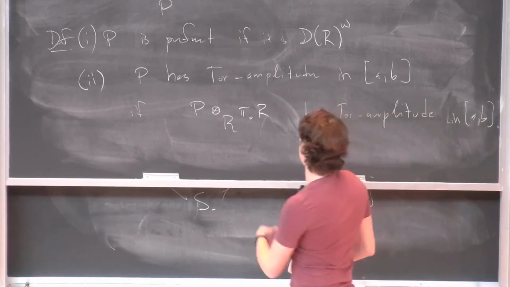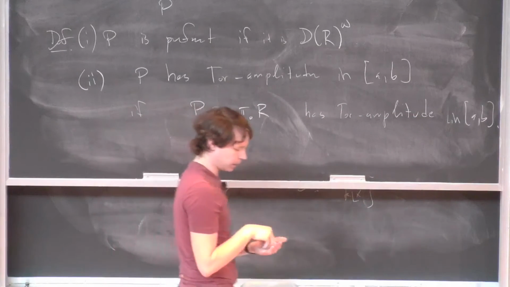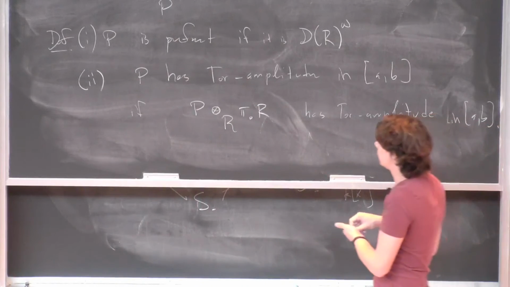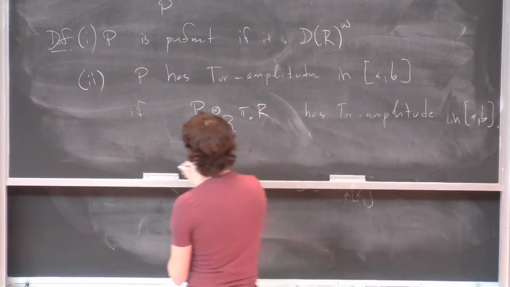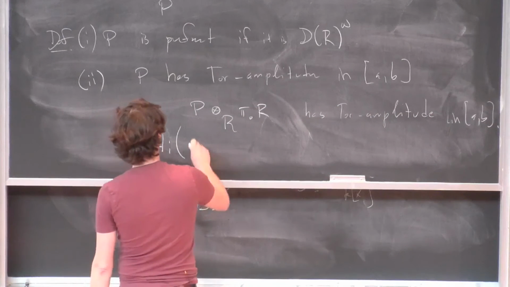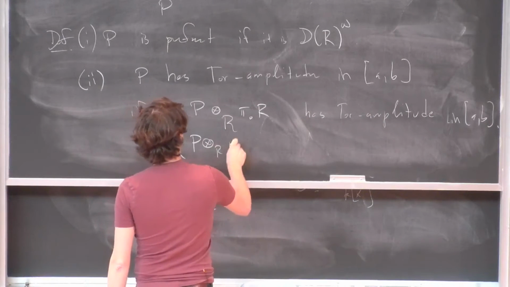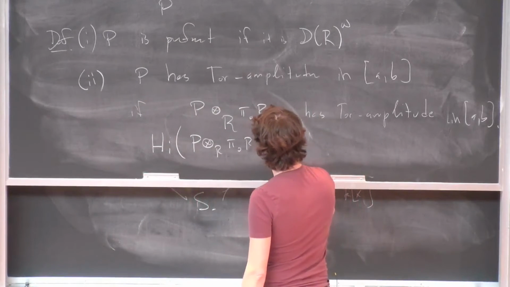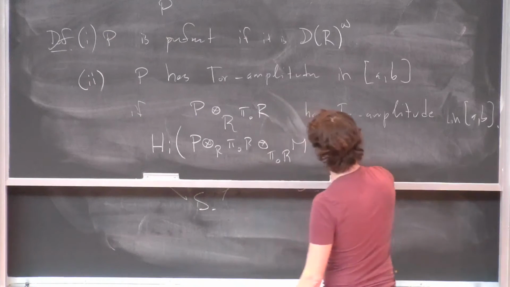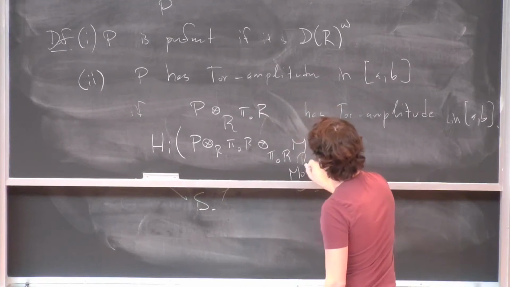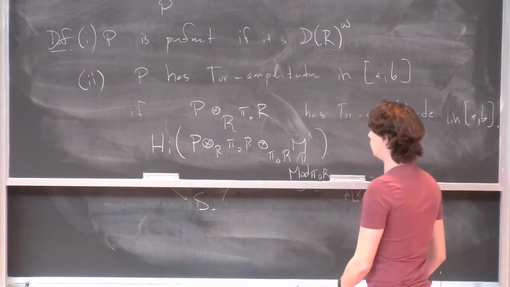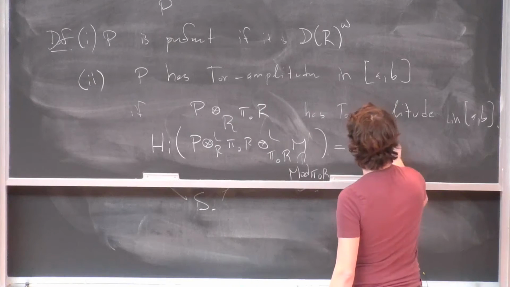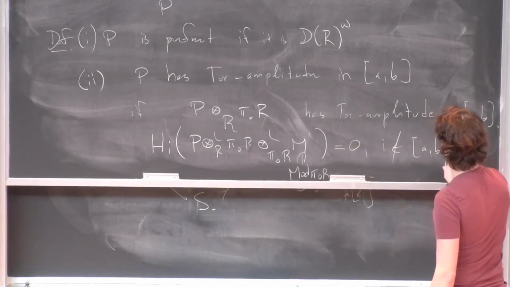What it means is that if I restrict this complex to any closed point of spec pi 0, or any point of pi 0 R, then I have homology concentrated in this range. Specifically, H_i of P tensored over R with pi 0 R, tensored with any discrete pi 0 R-module M, so this is in mod pi 0 R. Everything is derived here. And this should be 0 for i not in the range A to B. That's the definition.